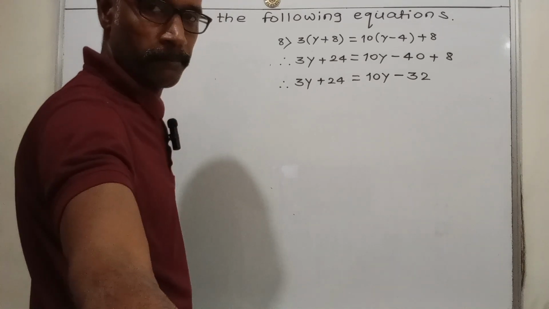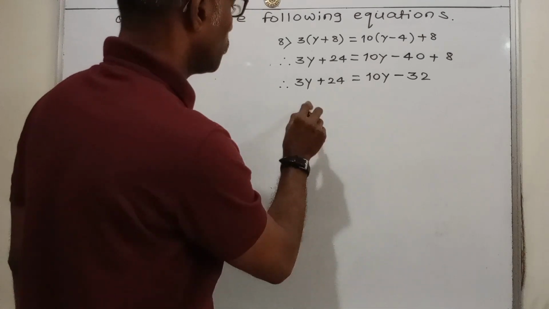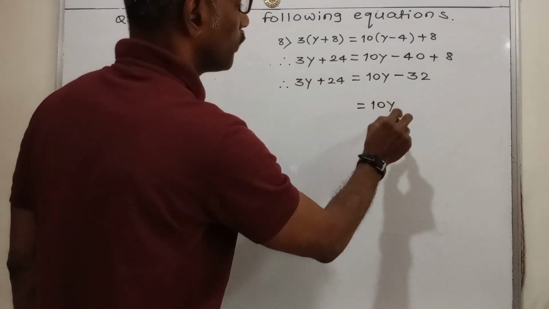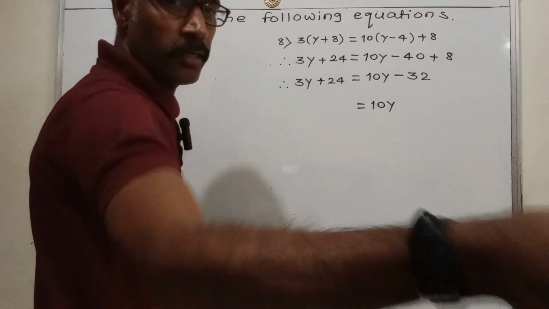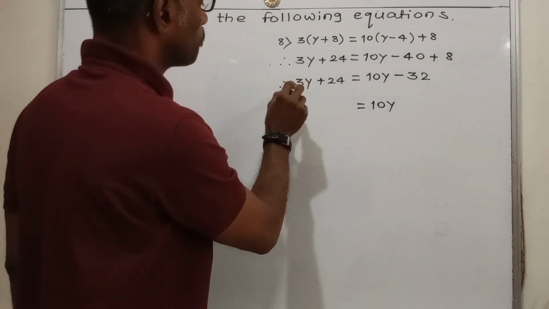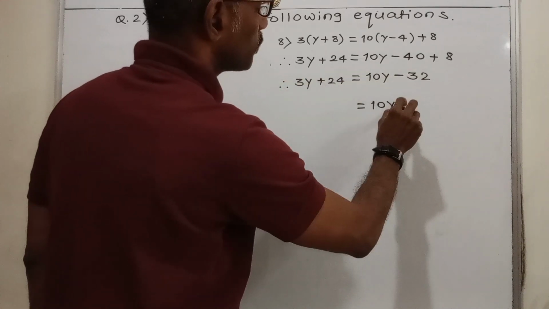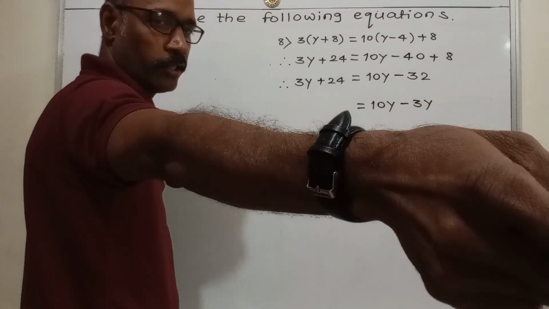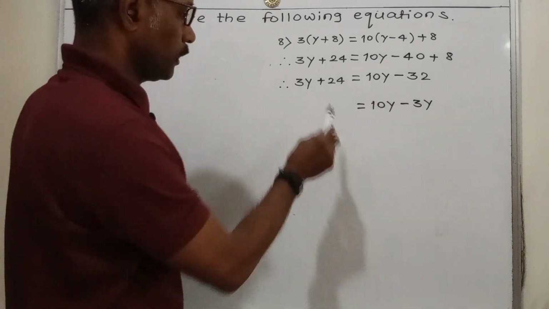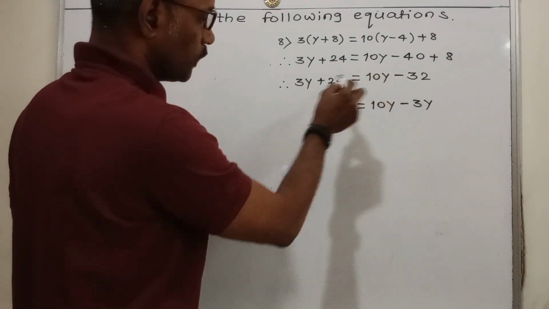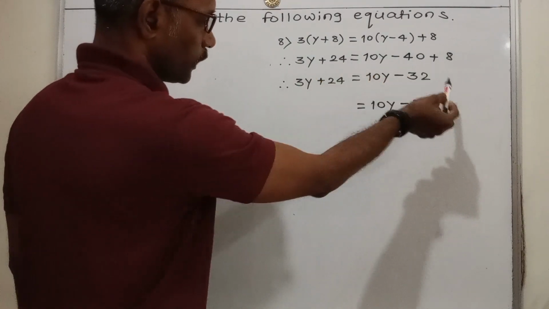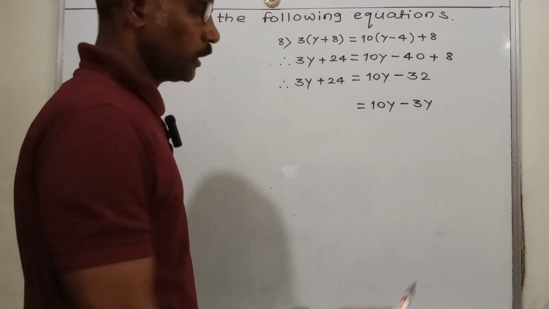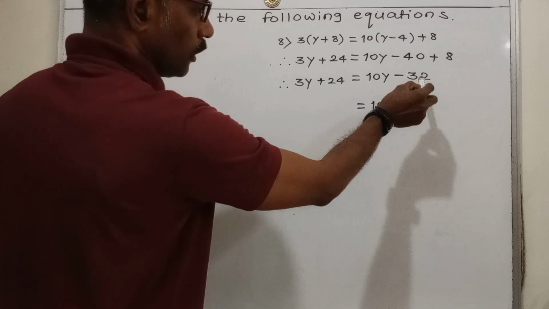Very good. 10y minus, see this, plus goes here, minus 3y. Very good. That boy is clever. This is bigger, this is smaller. So we take this smaller near the bigger. Very good. Now, see this.